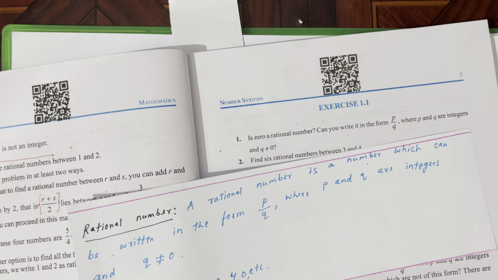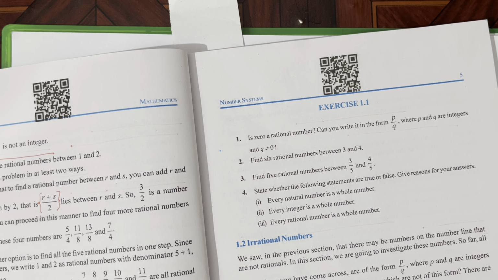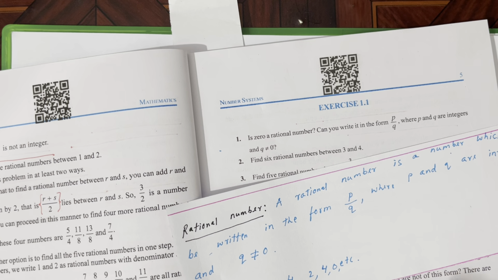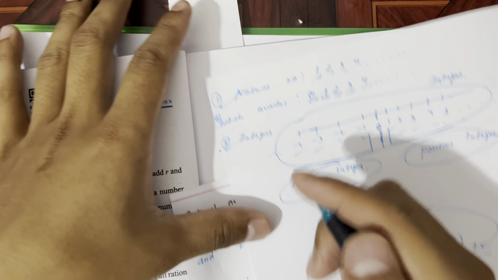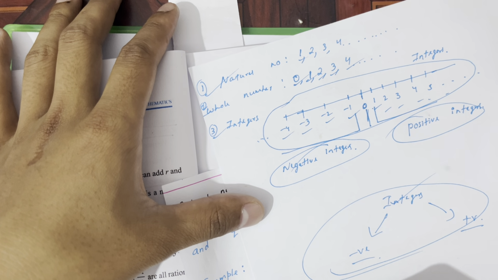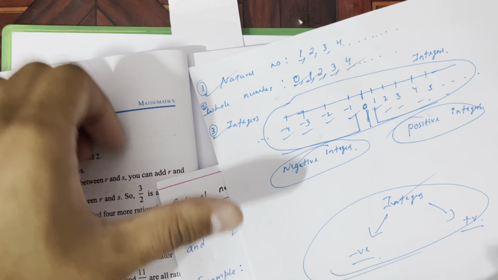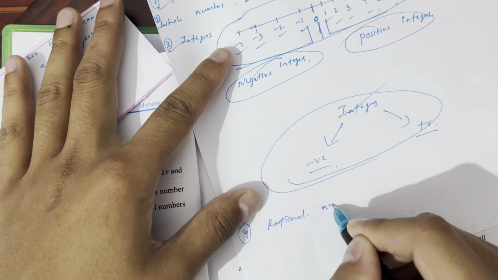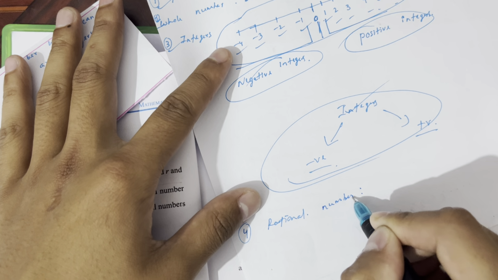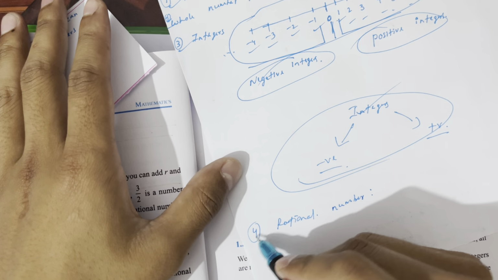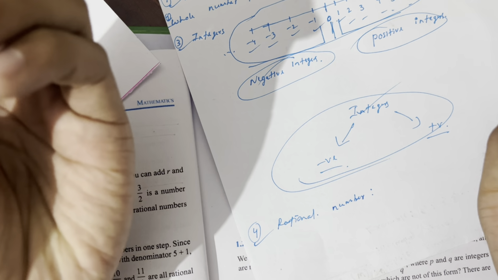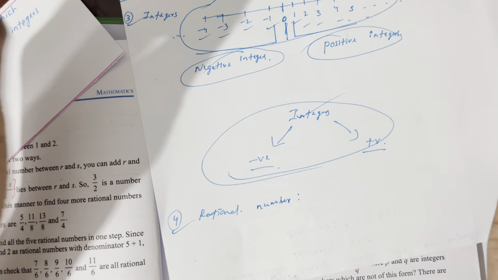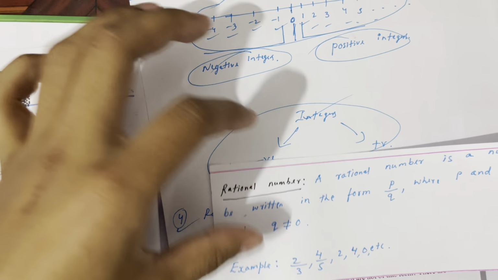Now, let's continue. Again we have question number 1, part 4, the rational number. Let us know what that rational number is.